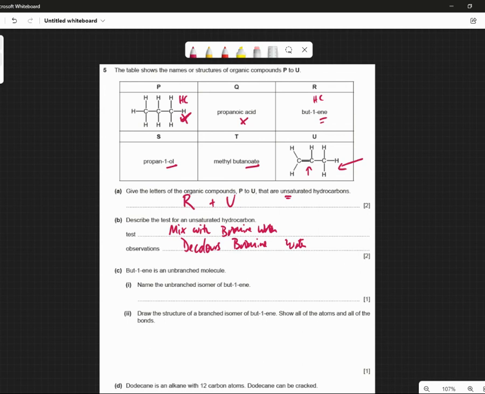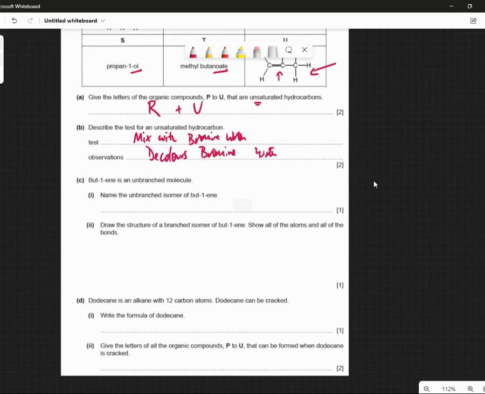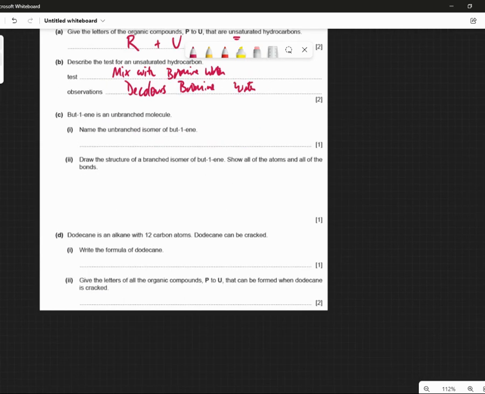Draw the unbranched isomer of but-1-ene. Now but-1-ene looks like this: 1, 2, 3, 4, and there's a double bond between 1 and 2. We've got to draw a similar one, unbranched, in other words straight chain, and I'm just going to change the position of the double bond. So the unbranched isomer is but-2-ene.